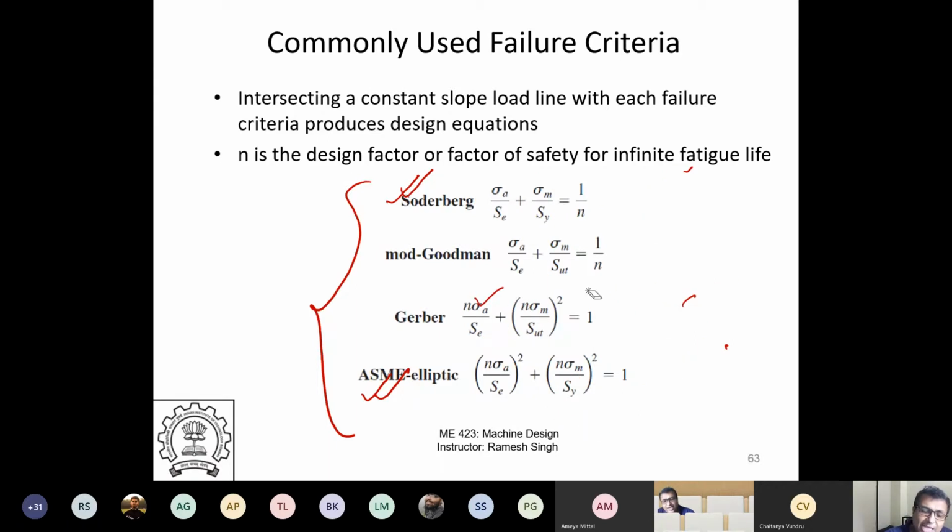The factor of safety, I actually told you physically what it means. Let me, for simplicity, just draw this modified Goodman.